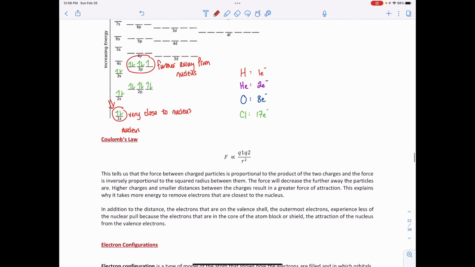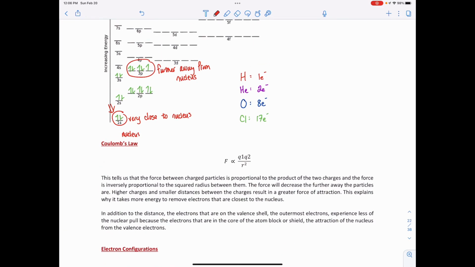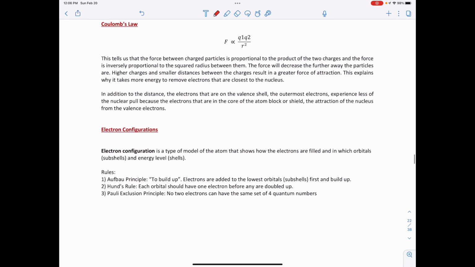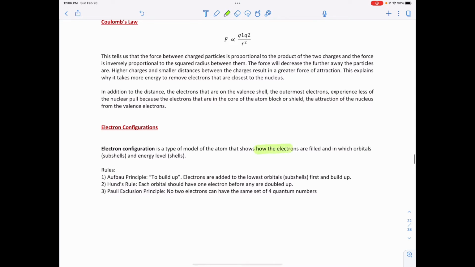And so there's an easy way to represent all this information, and that is called an electron configuration. An electron configuration is a type of model of the atom that shows how the electrons are filled and in which orbitals. We call those subshells and energy level shells.